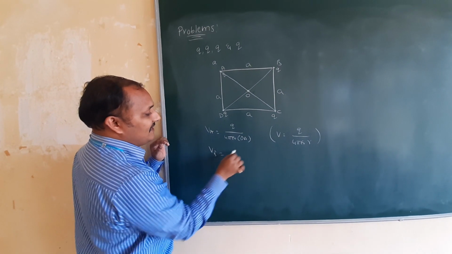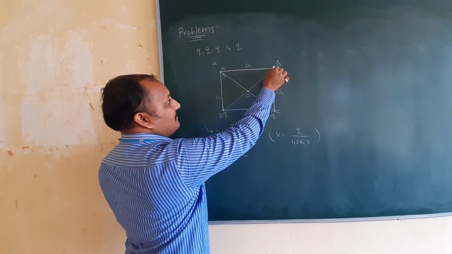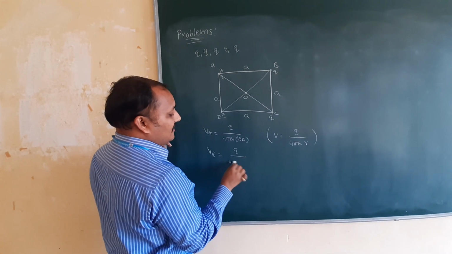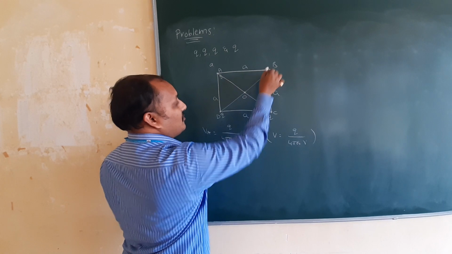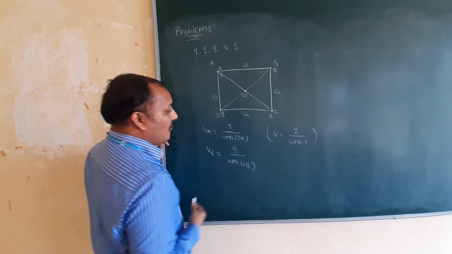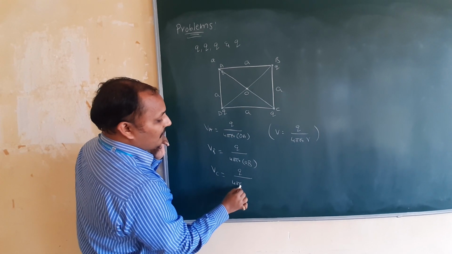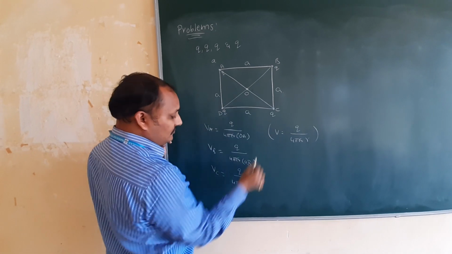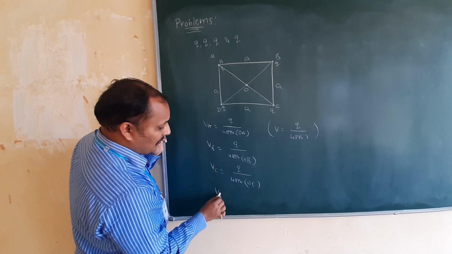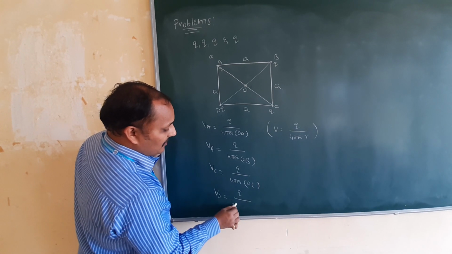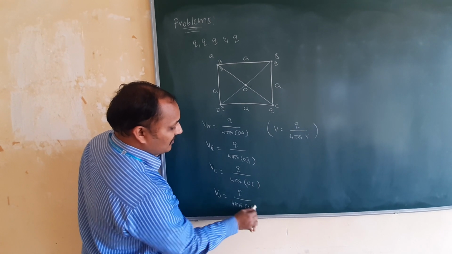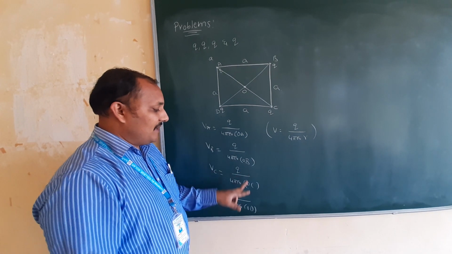Next, VB is equal to Q by 4 pi epsilon naught OB. VC is equal to Q by 4 pi epsilon naught OC. VD is equal to Q by 4 pi epsilon naught OD. So we need OA, OB, OC, OD.